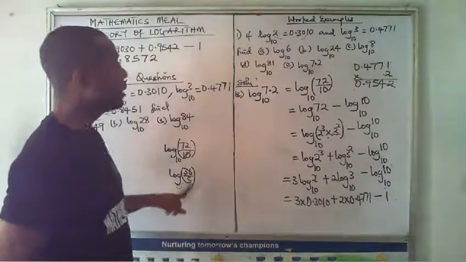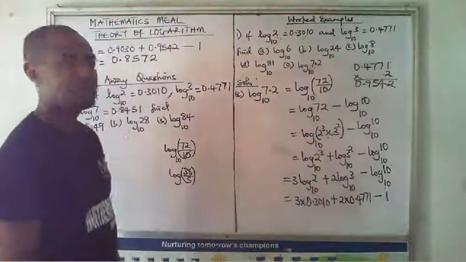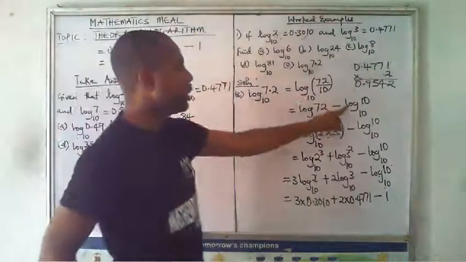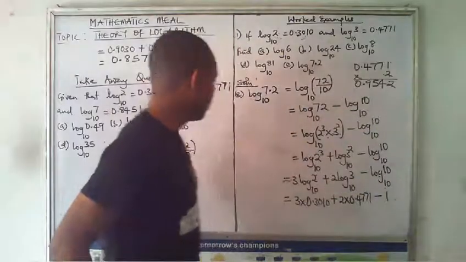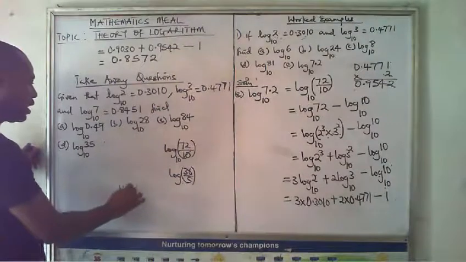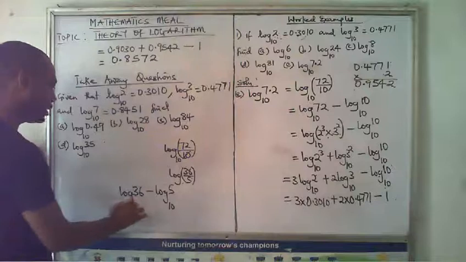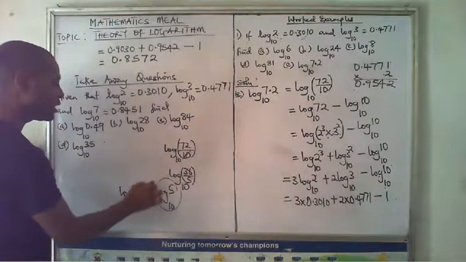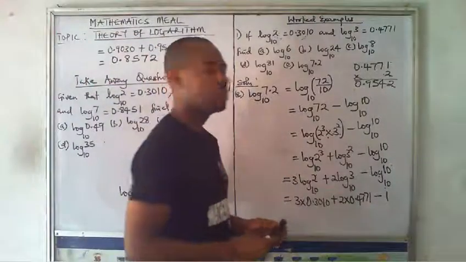The problem will be we don't know the logarithm of what? 5. So I have to leave it like this because I know that at the end of the day it is in base 10. Log 10 in base 10 will give me 1. But if a student decides to divide this in that form, you now have log 36 minus log 5, all in base 10. So where are we going to get the logarithm of 5 that we are going to substitute? You see that? So that's what I have to do.